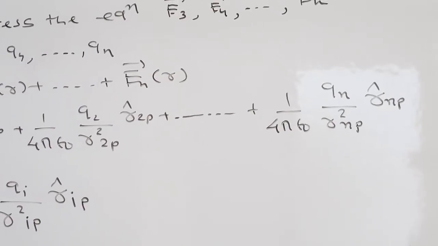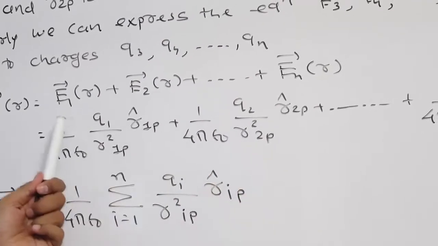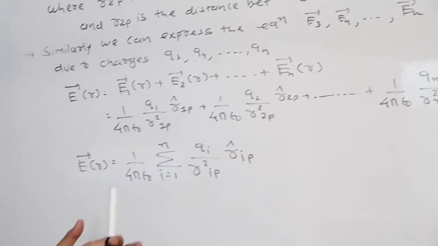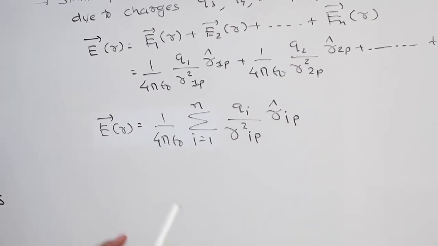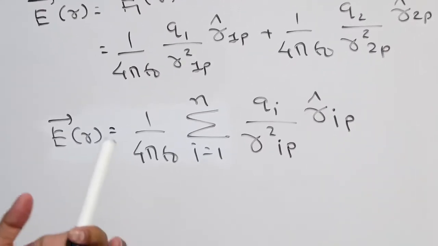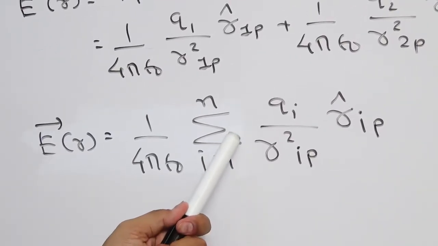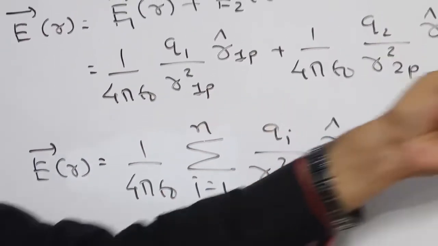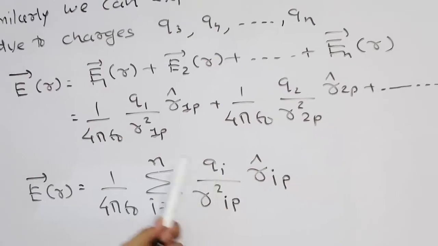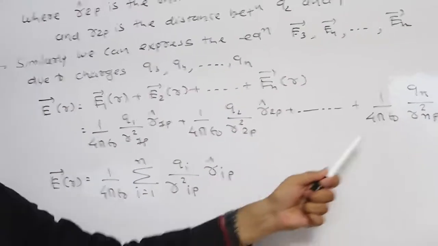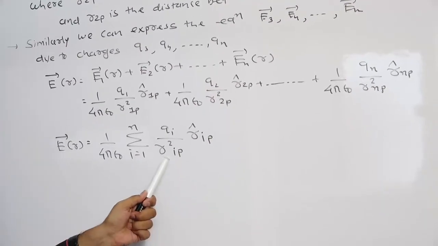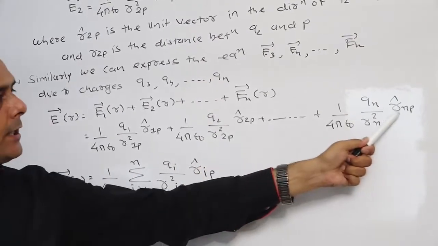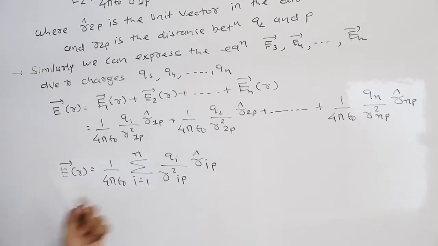Okay, from each term 1 upon 4 pi epsilon 0 is common. Write the short or general form of the electric field due to the system of charges using sigma i equals 1 to n. Q1, Q2, Qn are denoted by Qi; R square 1P, R square 2P, R square NP by R square iP; and R cap 1P, R cap 2P, R cap NP by R cap iP.